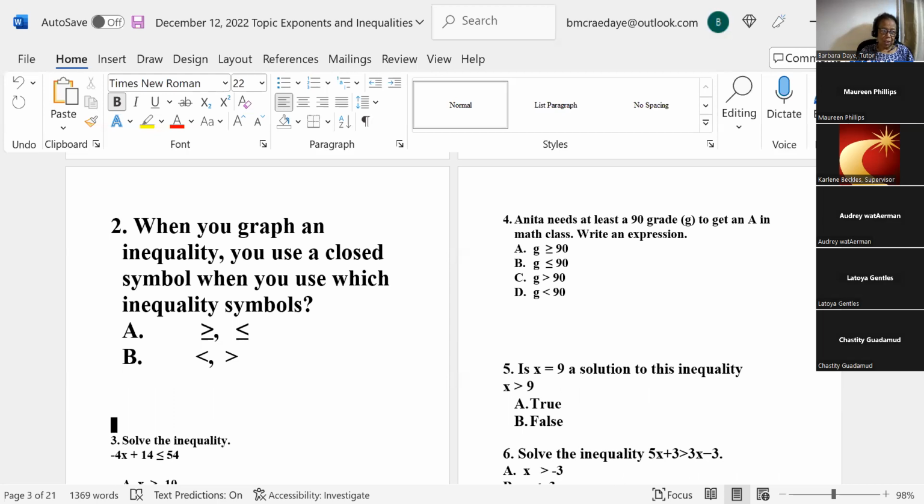So which one do you think, Maureen? Which one, A? You use a closed symbol when you have a greater than or equal or a less than or equal, both of these. And when it's not a closed symbol, it's either less than or greater than. So the answer would be A.